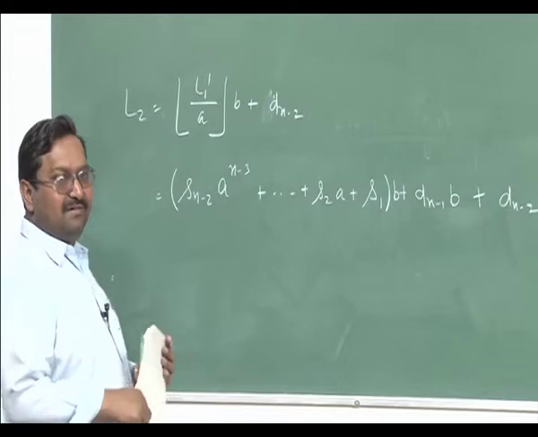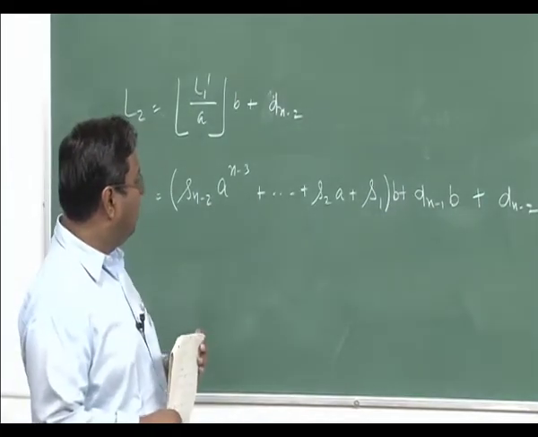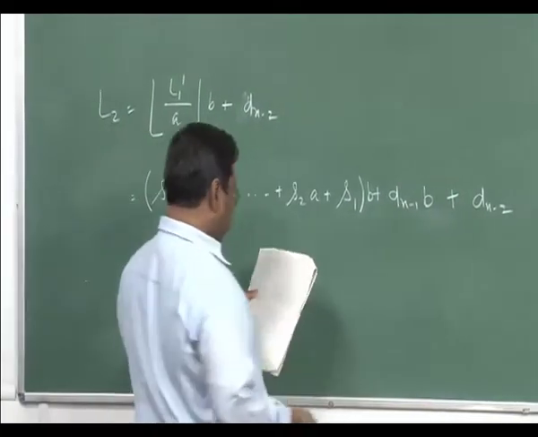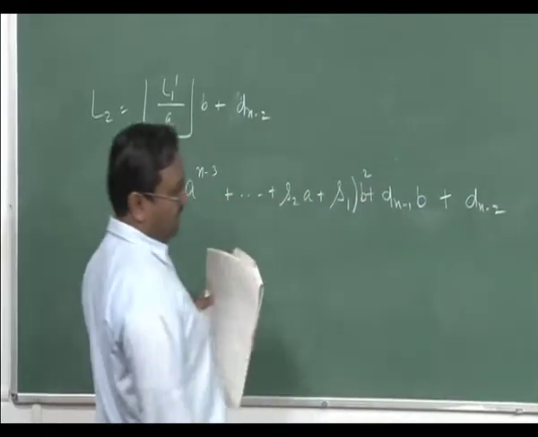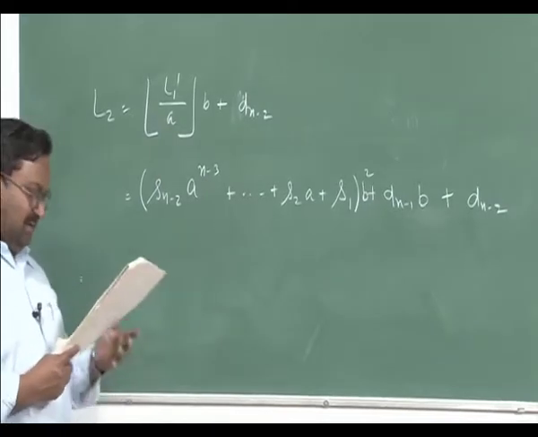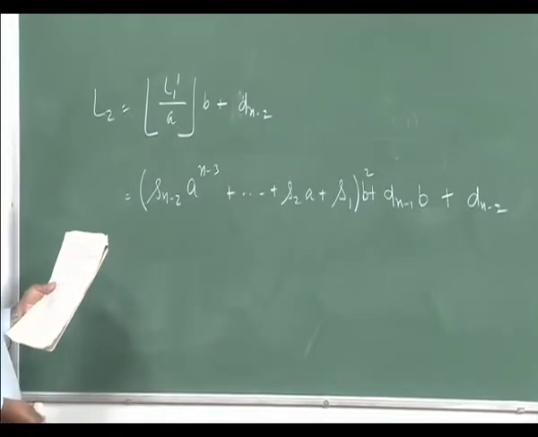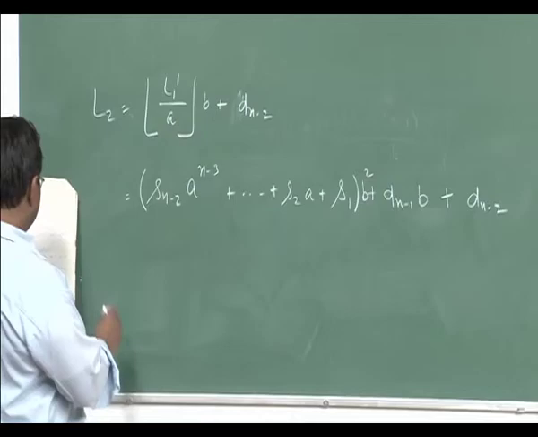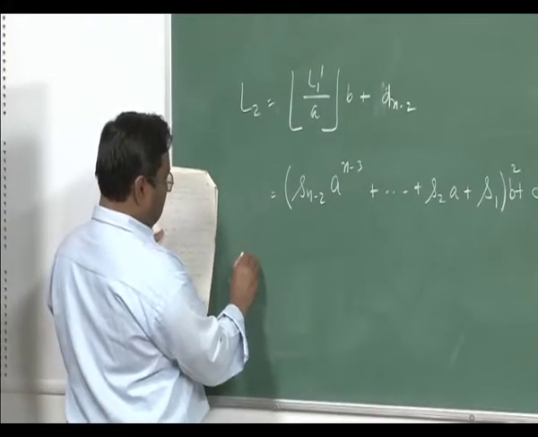This will be b square. B square first term in brackets multiplied by b square. Right, it's a b square. Agreed. This will be b square because this b has to be multiplied by that. Okay. So from here you will get a shuffle.